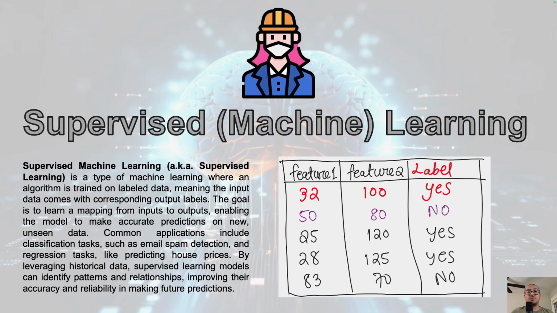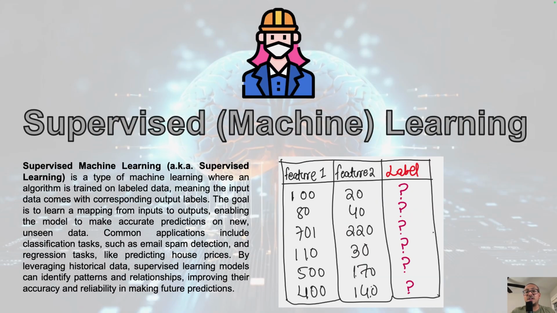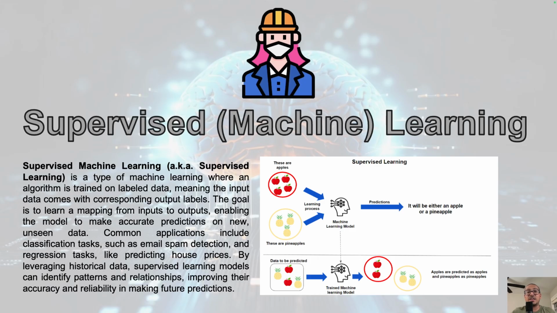The goal is for the model to learn the relationship between the input and the output so that it can make accurate predictions when given new unseen data. Think of it as teaching a computer to recognize things based on the examples we give it. Supervised learning is commonly divided into two types.